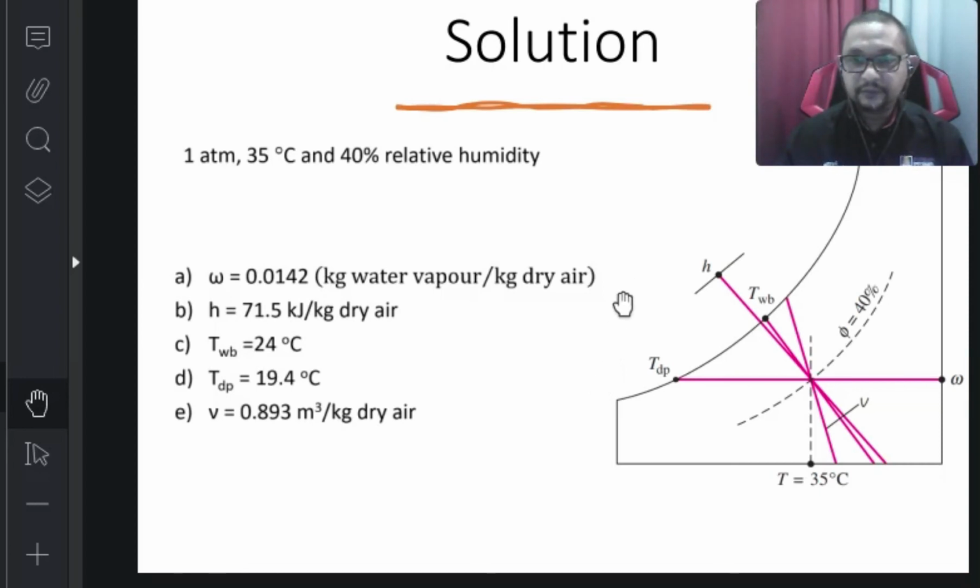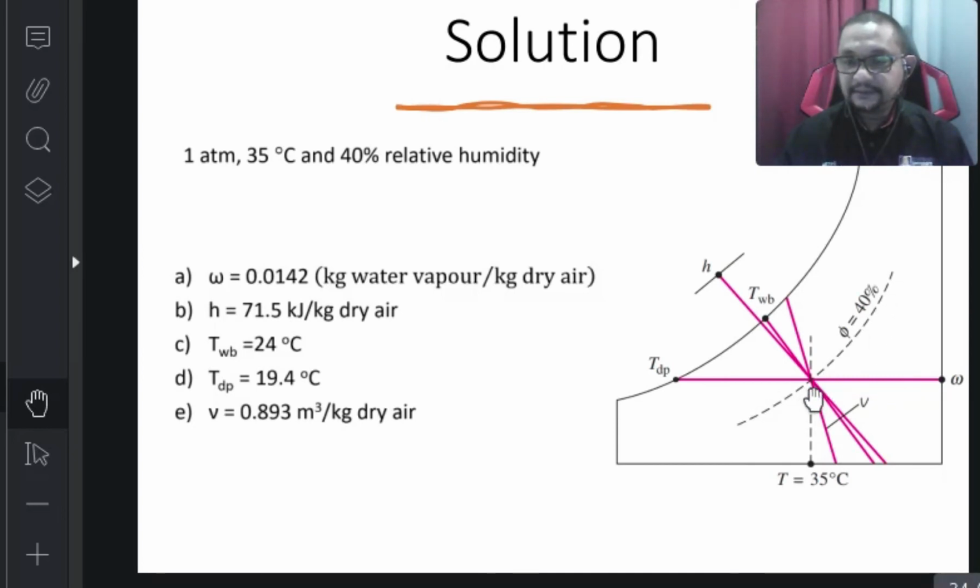Firstly, you know what has been given. There are two parameters given: 35 degrees Celsius, that means dry air, and the relative humidity, phi, that means 40%.